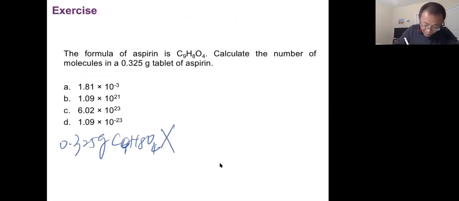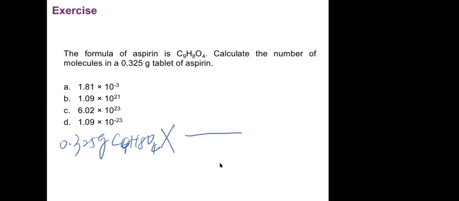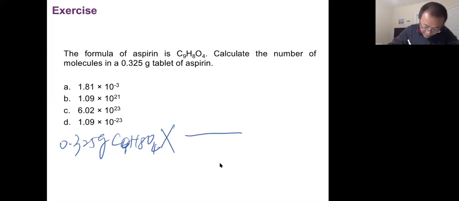Grams, multiply, aspirin. What's the molar mass for aspirin? I forgot. Anybody remember what's the molar mass for aspirin? Or can you do the math for me? I got 180.17. 180.2. Okay, is that what you got?